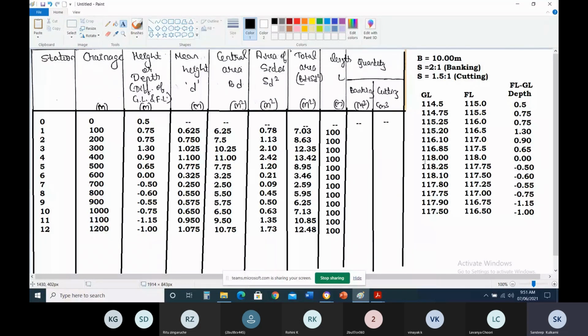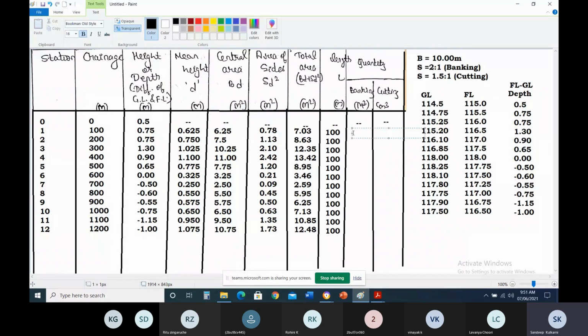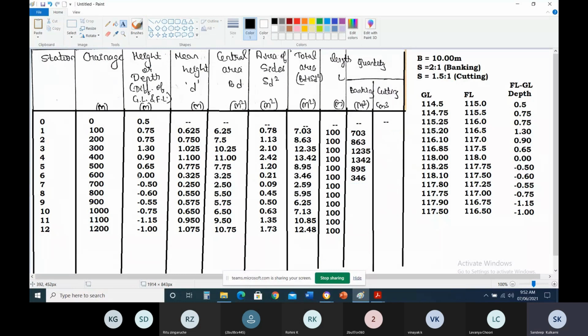Now whichever plus values are there in the depth column, write in the banking. Whichever minus values are there in the depth column, those quantity values you have to write in cutting. For example, in the first case, 7.03 into 100, 703, then 8.63 into 100, 863, 12.35 into 100, 1235, 1342, then 895, then 346. Up to 600, all the values of the depth column, the third column, were in plus.